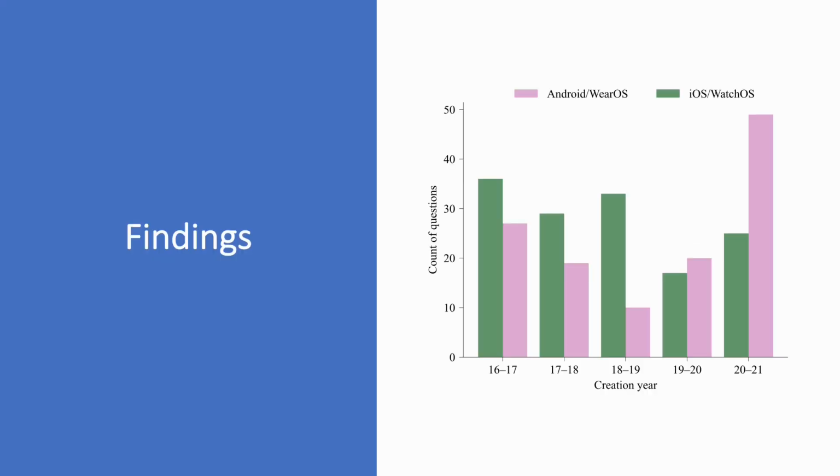Here you can see the number of posts over the course of the 5 years that we studied. As you can see, there has been a steady trend in iOS, and Android had a drop in 2018 and then started to pick up again from 2016 to 2019. We speculate that might be because of the GDPR and how it impacted Android and Google Play, and therefore developers started to react to it as well.